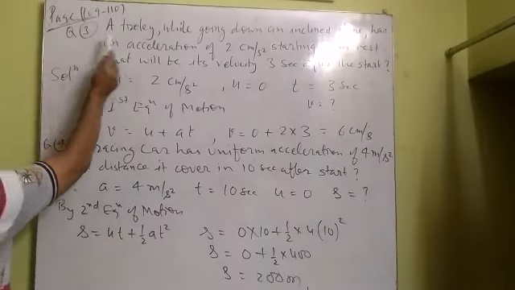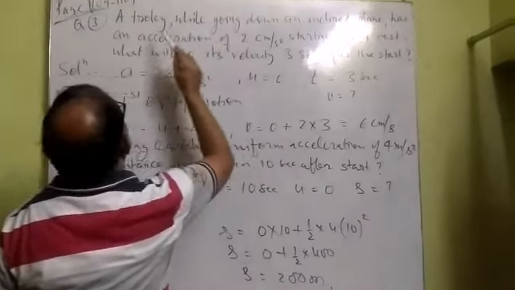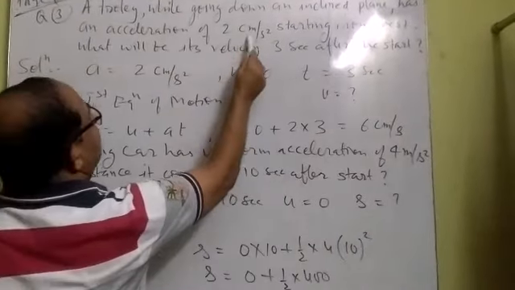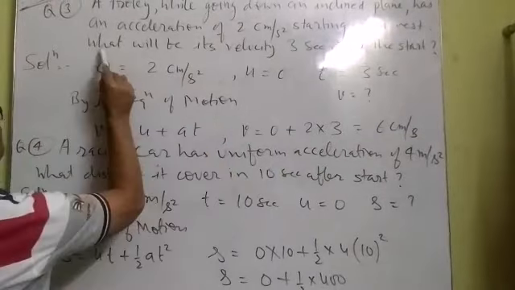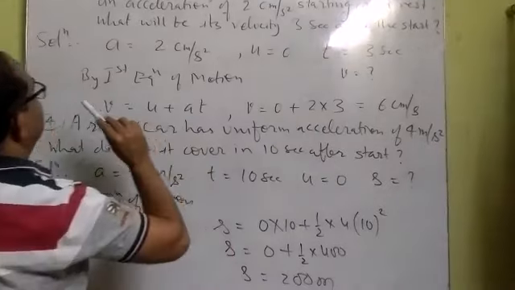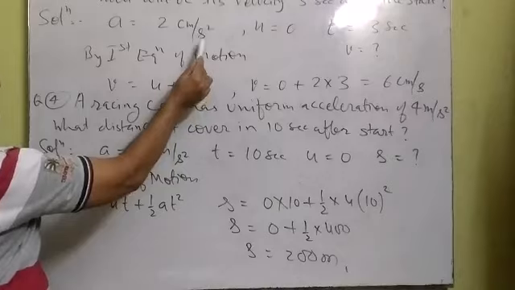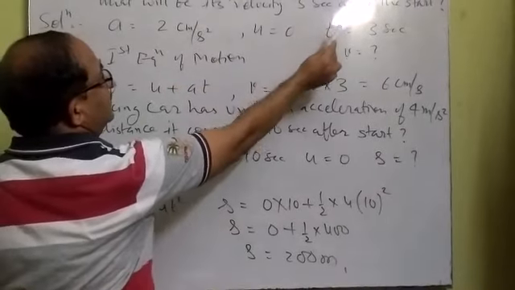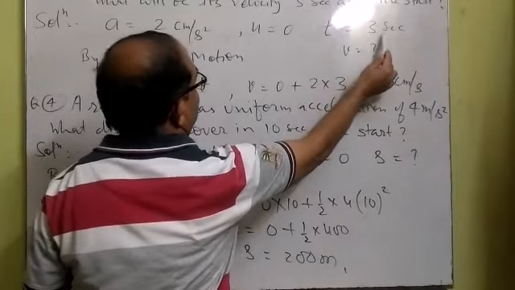Next question number 3. A trolley while going down an inclined plane had an acceleration of 2 cm per second square starting from rest. What will be its final velocity 3 seconds after the start? So acceleration is given 2 cm per second square. Initial velocity, since the trolley starts from rest, u is equal to 0 and t is equal to 3 seconds.